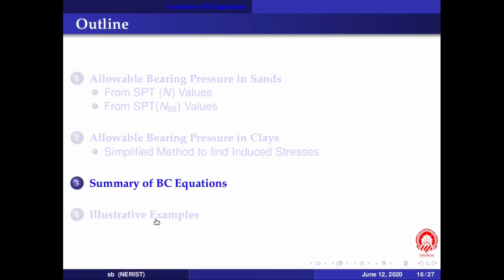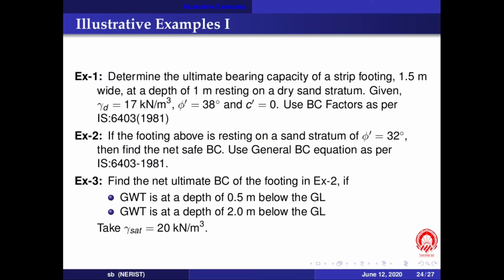so now let us go for these illustrative examples. I have selected a few examples. The first problem first. So let us determine the ultimate bearing capacity. Determine the ultimate bearing capacity of a strip footing 1.5 meter wide at a depth of 1 meter, resting on a dry sand stratum.